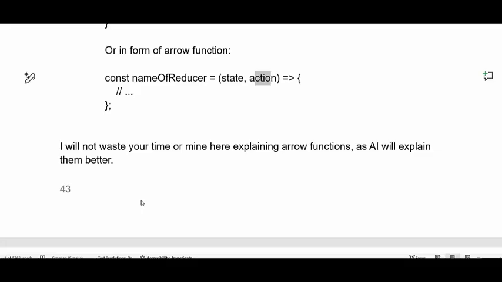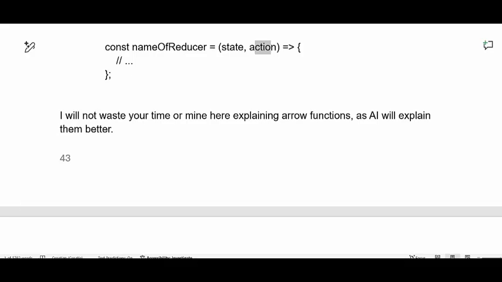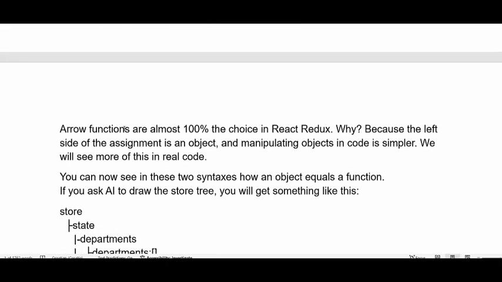You can analyze the difference in syntax, but in the final result it is the same. I will not waste your time or mine here explaining arrow functions, as AI will explain them better.